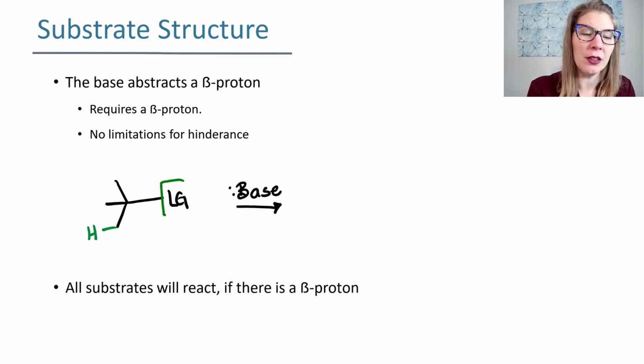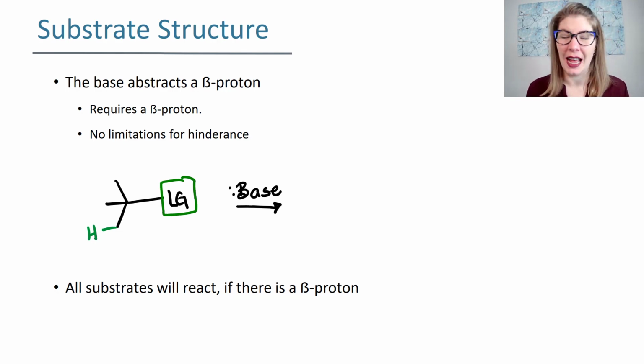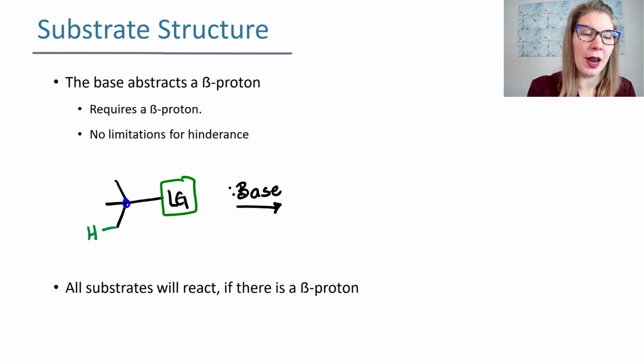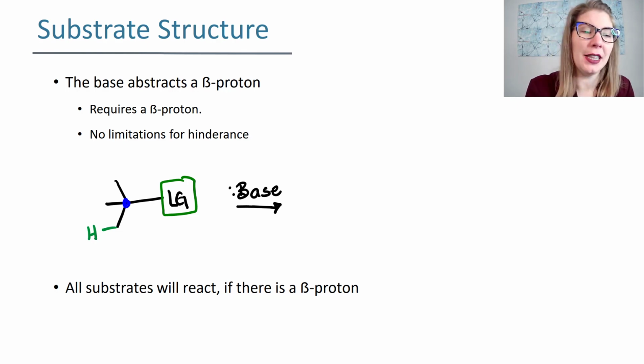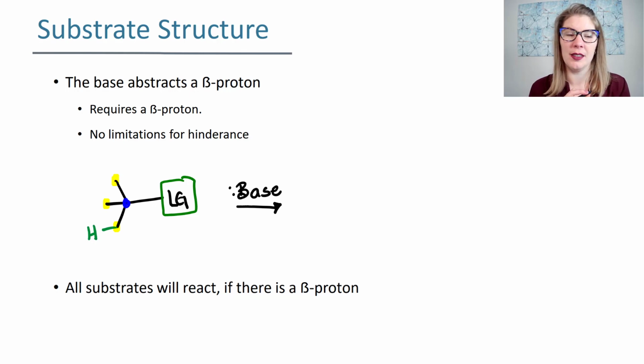Remember that where your leaving group is, where I've abbreviated LG as leaving group, you find that first, you back up to where the leaving group is connected. Where I put the blue dot, that's your alpha carbon. Then you look at 1 carbon away from those. That is your beta carbon, or in this case, beta carbons, because you have 3 of them. I'm going to highlight the beta carbons in yellow. So here are my 3 beta carbons.